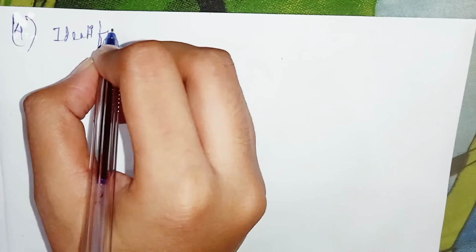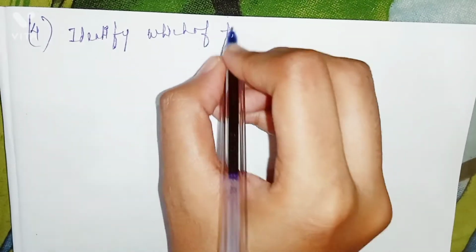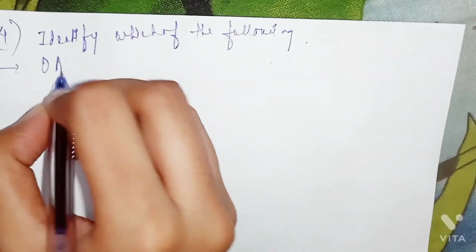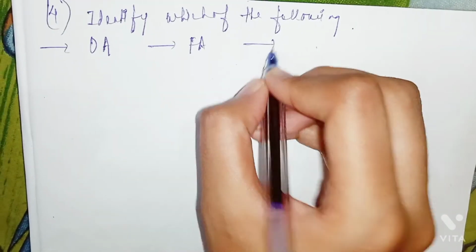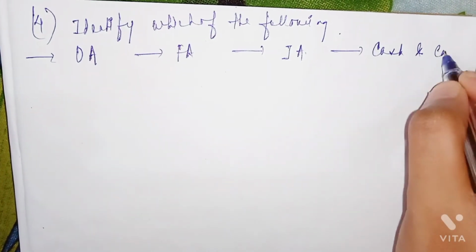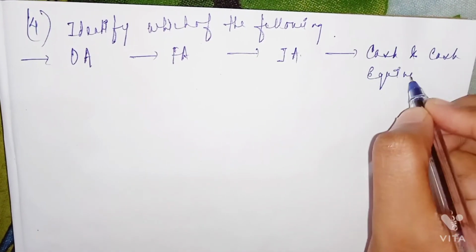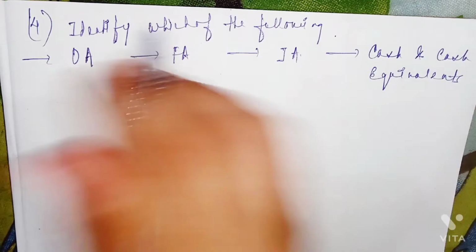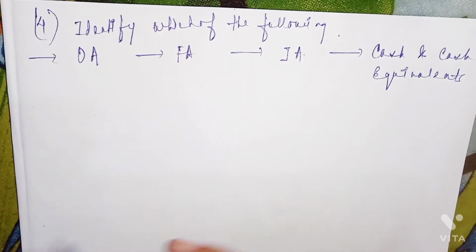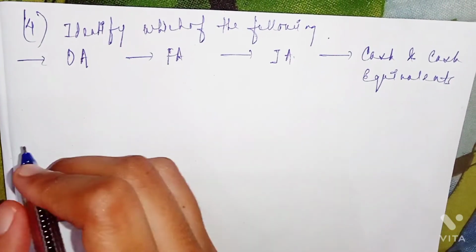So here is my last sum for today: identify which of the following is operating activities, financing activities, investing activities, or cash equivalents. You're now very familiar with this OA, FA and IA, and cash or cash equivalent. I will give you a list of items and we have to identify whether it's operating, financing, investing, or a cash or cash equivalent.